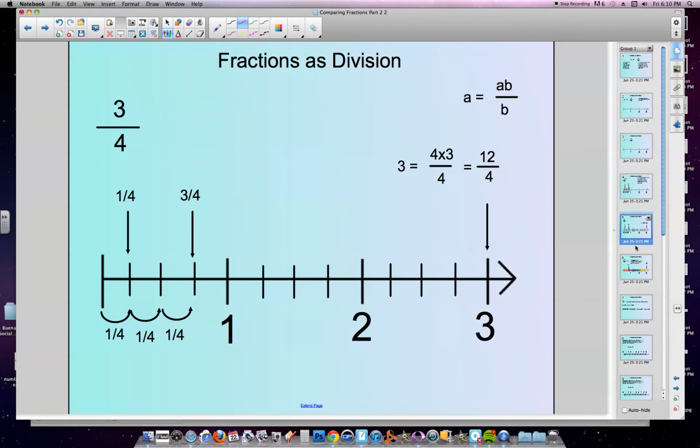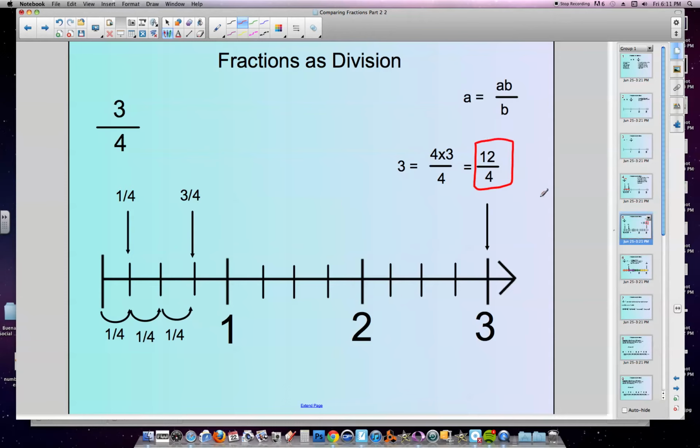Now, when we're asked to divide 3 into 4 segments, well, 3, just thinking of it as 3 ones, cannot easily be broken into 4 segments because there's less than 4 parts. However, we can also interpret 3 as the number 12 over 4.